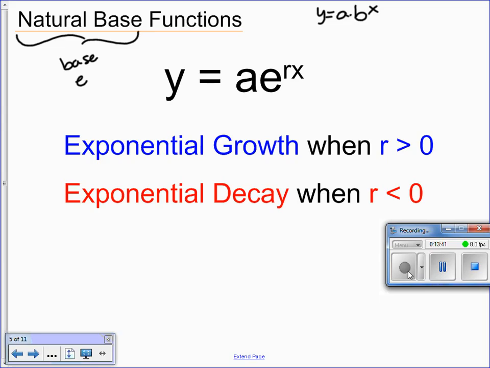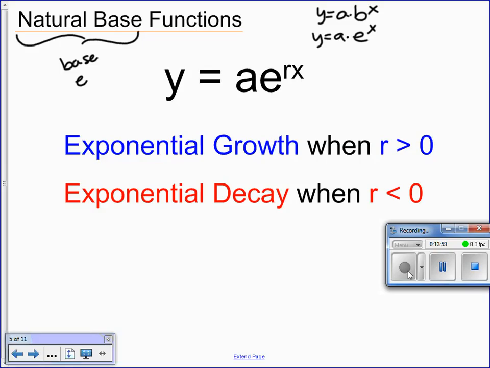So we would get y equals a times e to the x.